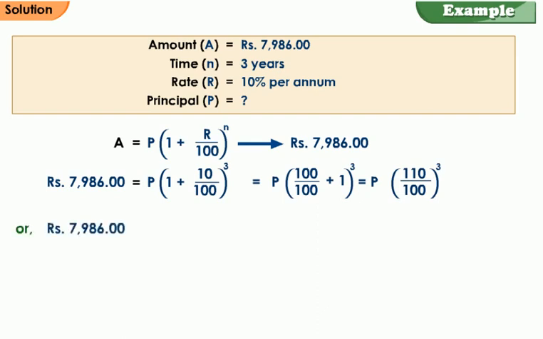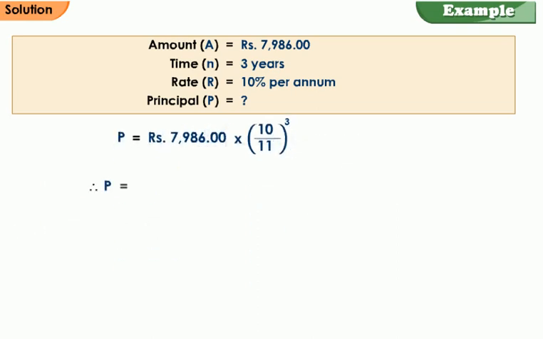Now let us solve for principal here. Therefore, P equals rupees 7,986 into 10 by 11 whole cube equals rupees 7,986 into 10 into 10 into 10 divided by 11 into 11 into 11.